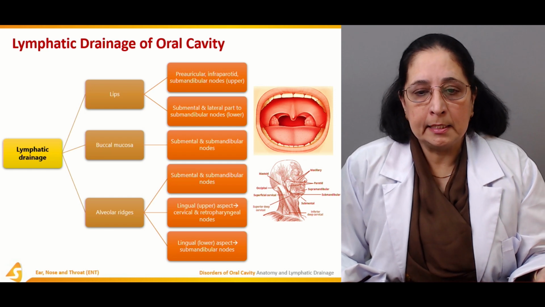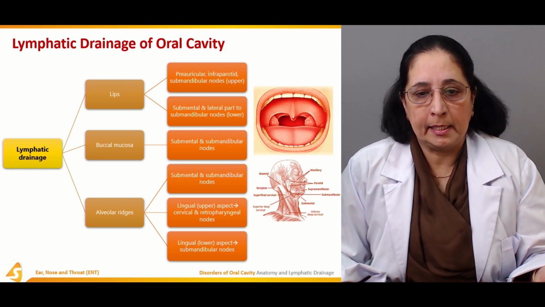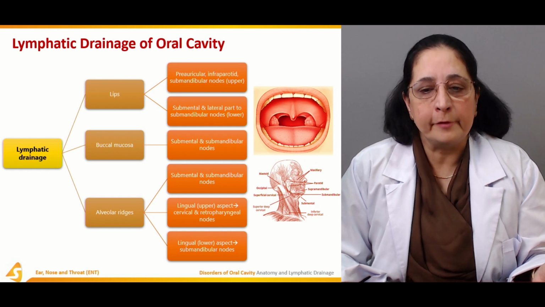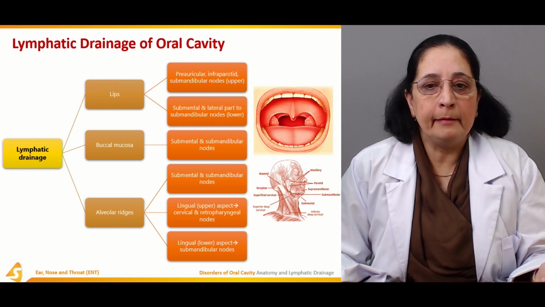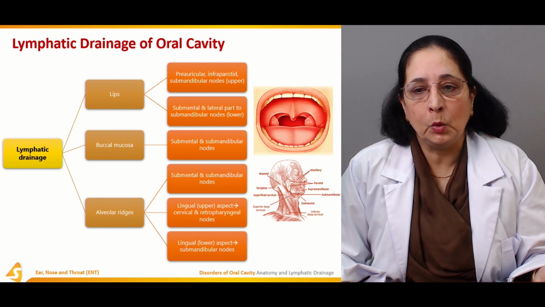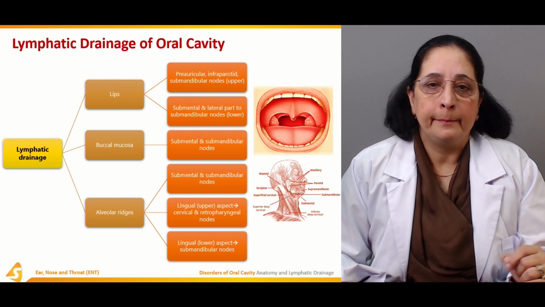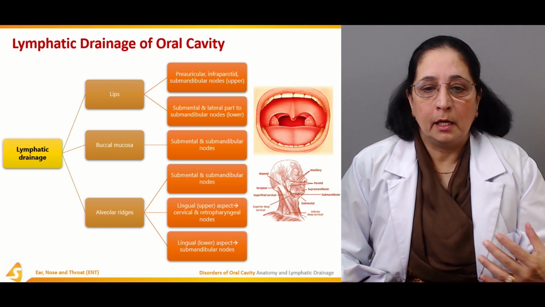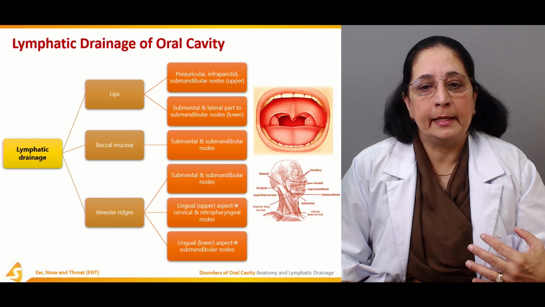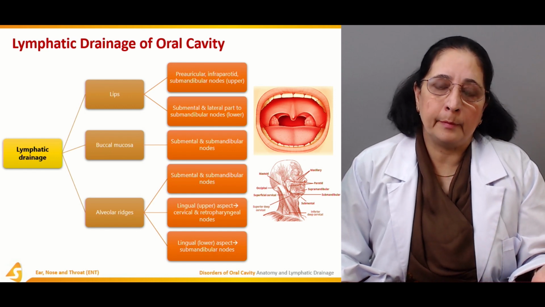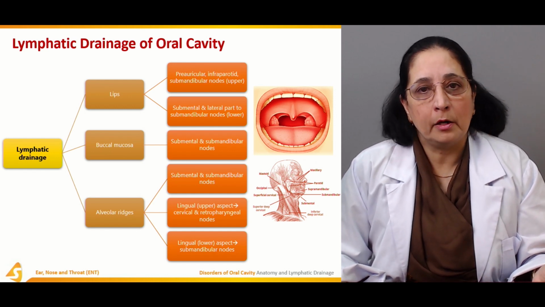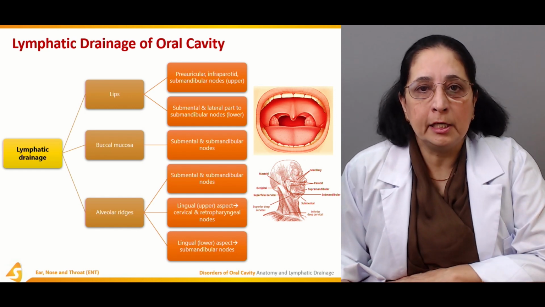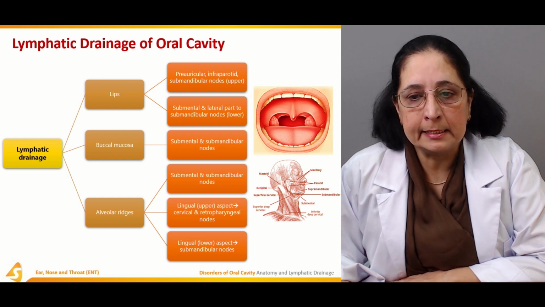Then the lingual lower aspect drains into the submandibular lymph nodes. So this is the lymphatic drainage of the oral cavity: mainly submental, submandibular, retropharyngeal, and then we have infraparotid and preauricular lymph nodes, where the lymphatic drainage from the oral cavity is drained.